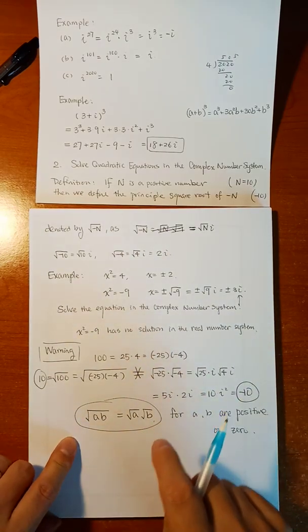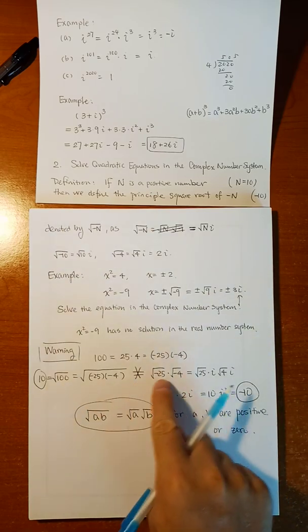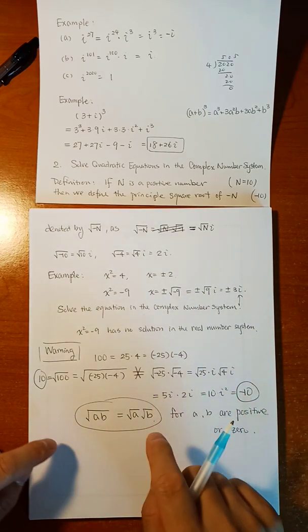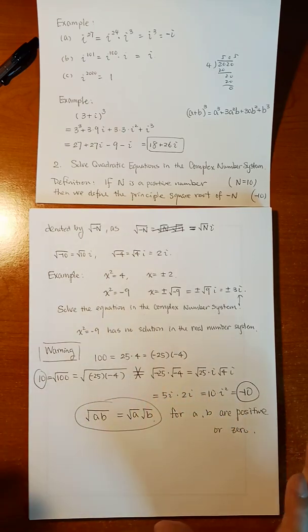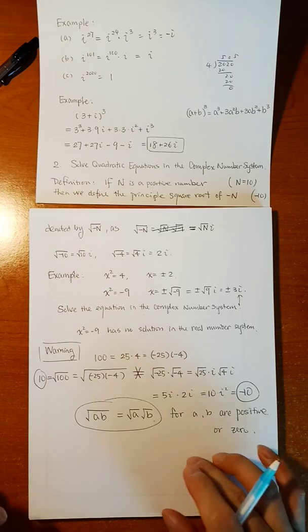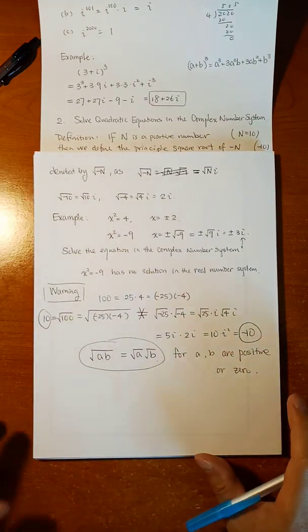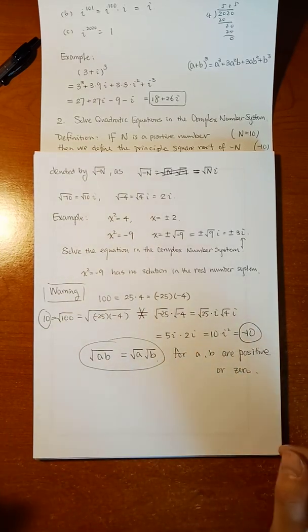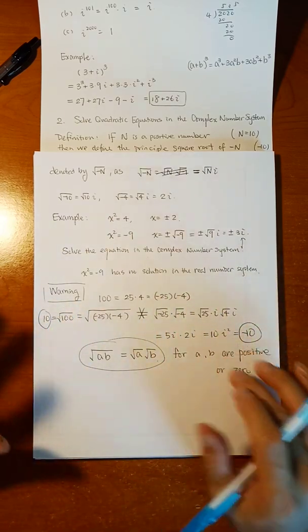This property only works for non-negative numbers. It does not work for negative numbers. When we talk about the square root property, we have positive numbers in mind. So whenever you're handling square roots of negative numbers or imaginary numbers, be careful. Don't make some crazy equation.